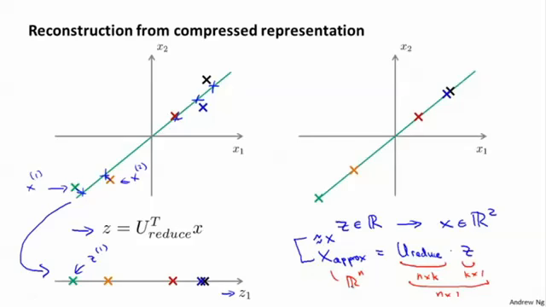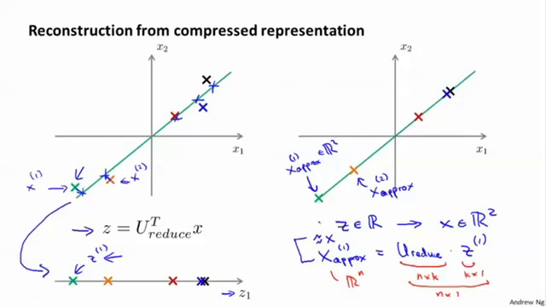So if we started off with this value of x1 and got this value of z1, and you plug z1 through this formula to get x1 approx, then this point here would be x1 approx, which is in R2. Similarly, this would be x2 approx, and that's a pretty decent approximation to the original data.